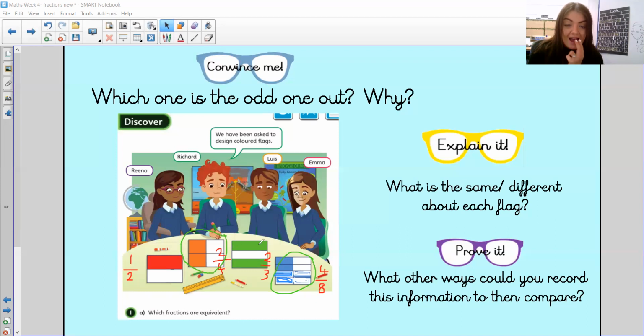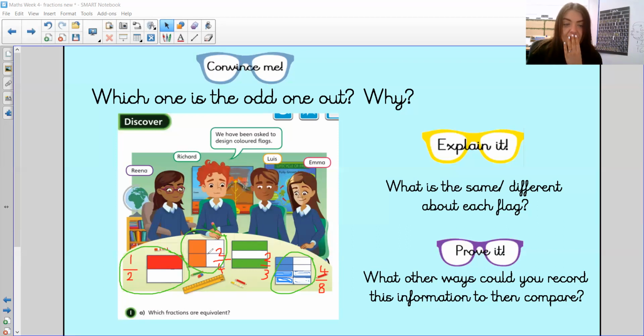So they're shading half. Actually, I know my fraction knowledge straight away there, because I know that this fraction, although it looks slightly different, it is still half of the shape, because that fraction is a half. Half of that shape is red. Okay, even though it's been split horizontally rather than vertically, it's still half of that shape. It's still the same whole, and it's still half of it.